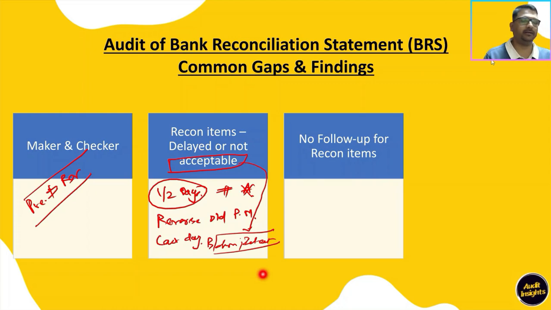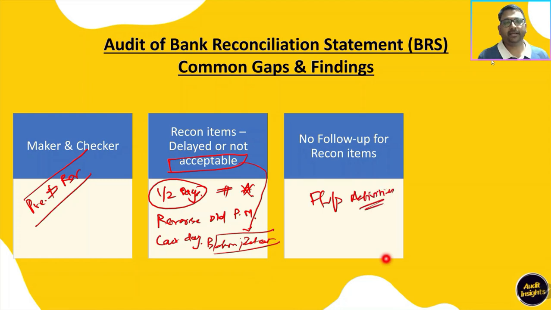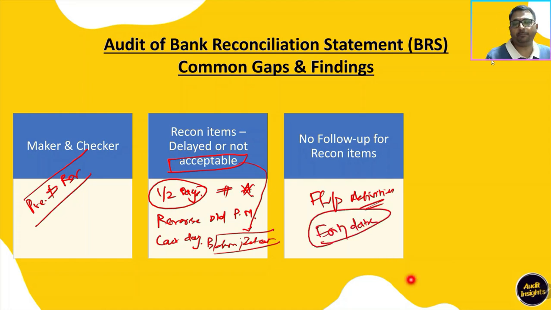It will just keep accumulating. So if there is a reconciliation item, look for the follow-up activities. Every system, generally the ERP, will have something called the entry date, right? Look for this and see the date on which they have actually passed the entry.